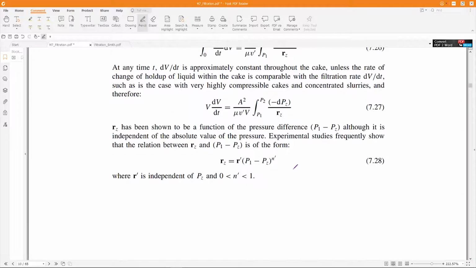So you can see the resistance varies like this for compressible cakes, with this raised to the power n dash, and n dash lies between 0 and 1.